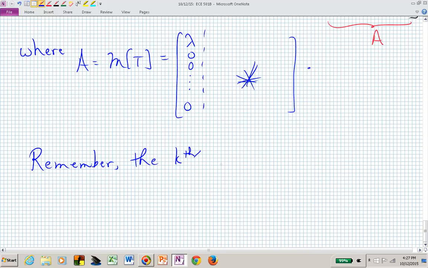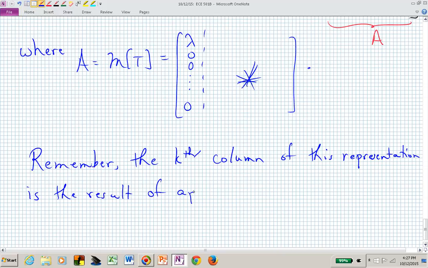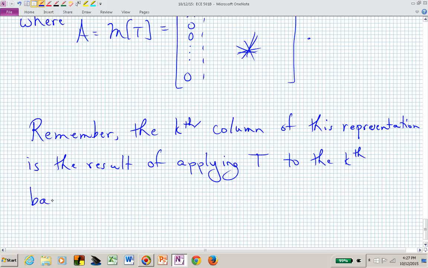Remember that the kth column of this representation for A is the result of applying T to the kth basis vector, TV sub k.